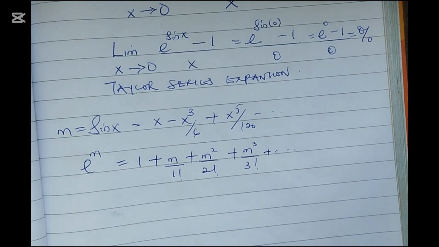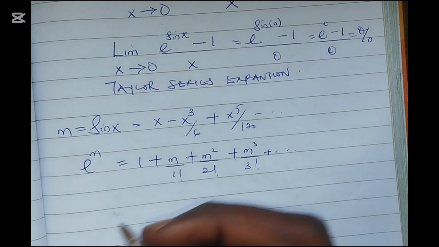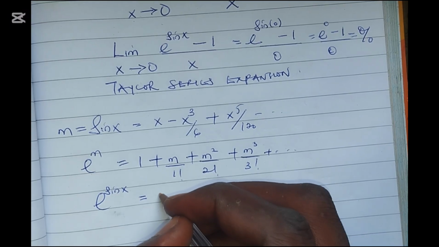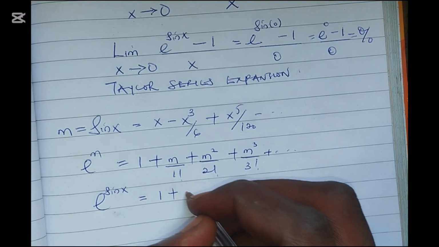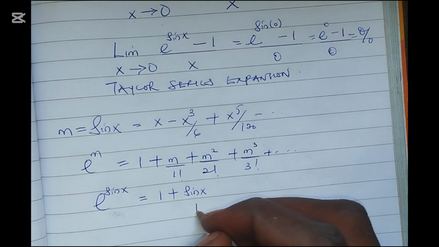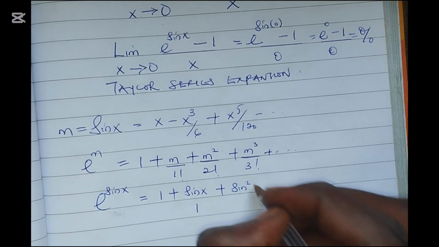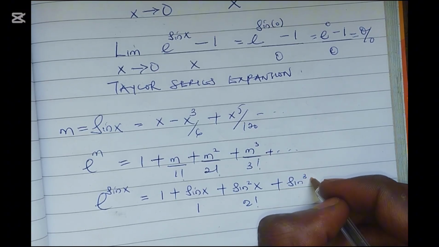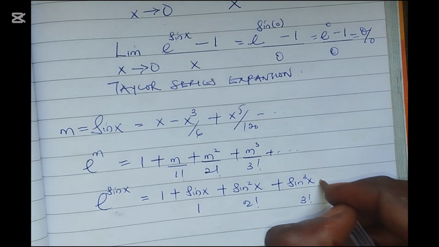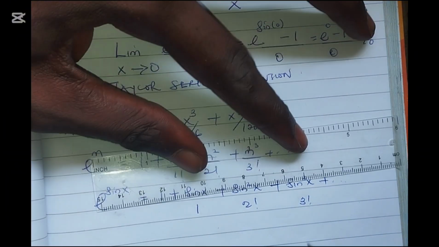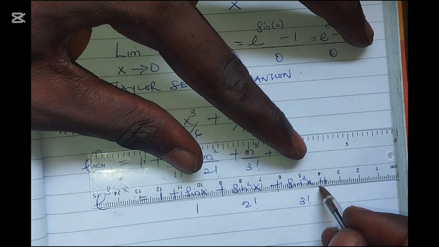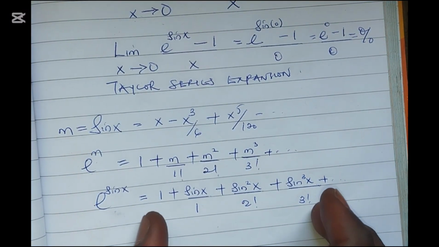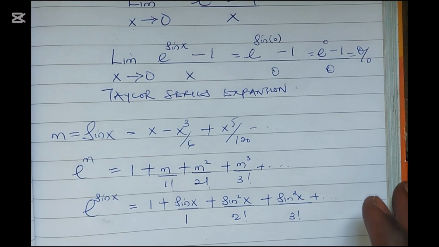So e to the sine x is equal to 1 plus sine x plus sine squared x all over 2 factorial plus sine cubed x all over 3 factorial plus so on. I believe to this point you are clear and not lost.